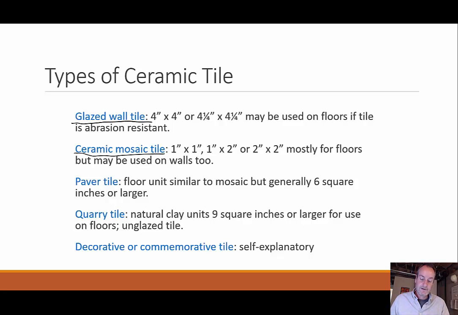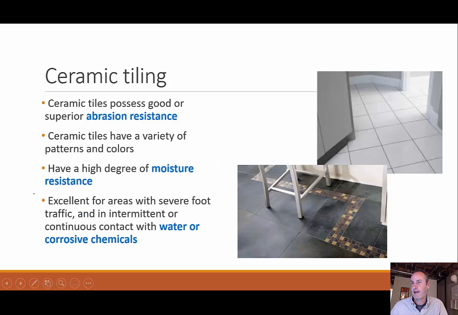We could have a paver tile, usually about 6 square inches or larger, but otherwise it's generally similar to the mosaic. We could have a quarry tile. Now we're talking 9 square inches or larger, used on floors, usually unglazed. And decorative or commemorative tile, well, that's kind of self-explanatory, right? Decorative meaning more bright and colorful and things like that.